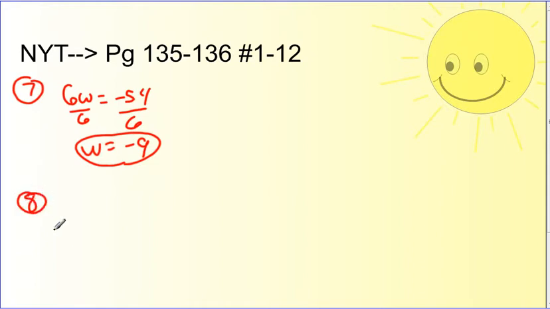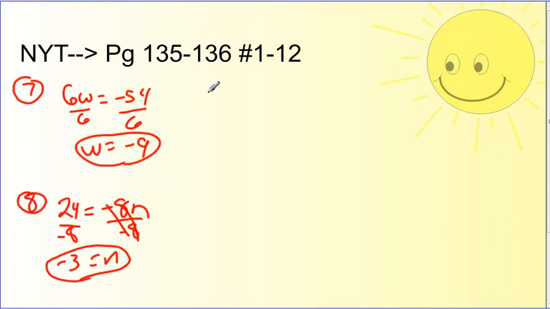Number 8 says 24 equals negative 8n. The variable is being multiplied by negative 8, so I divide by negative 8, n equals a negative 3. Number 9 is on page 136.